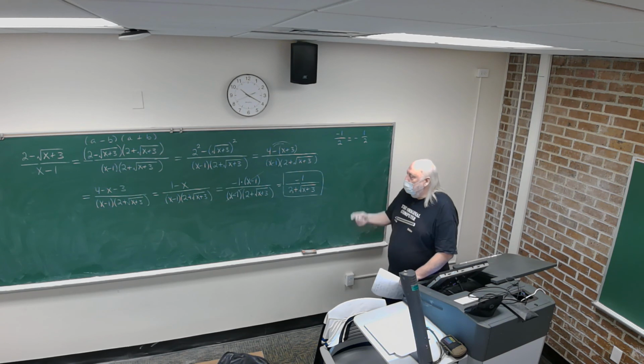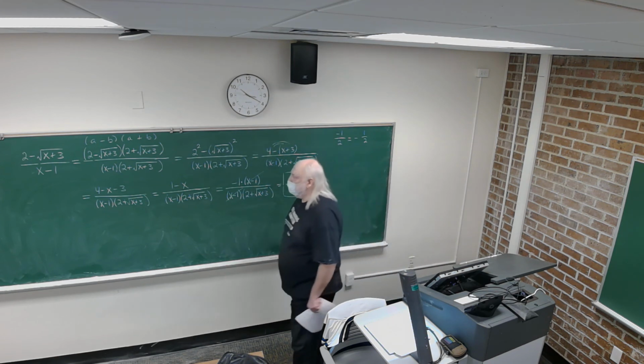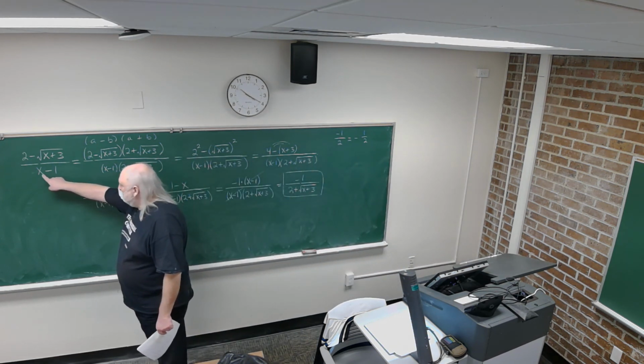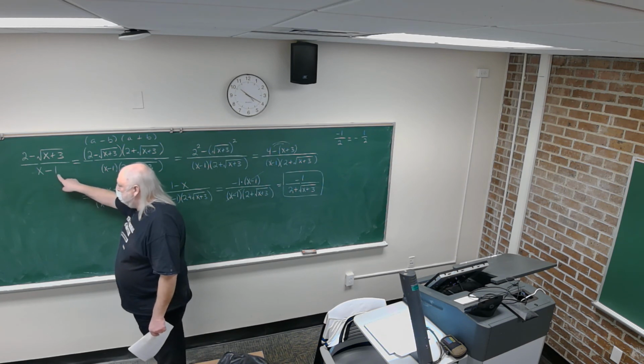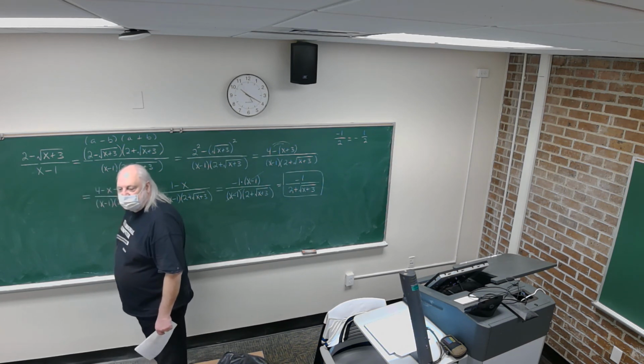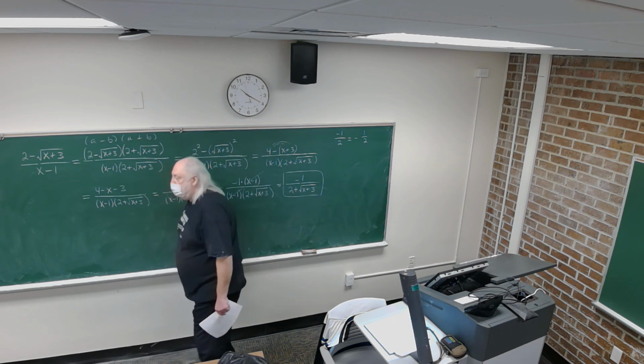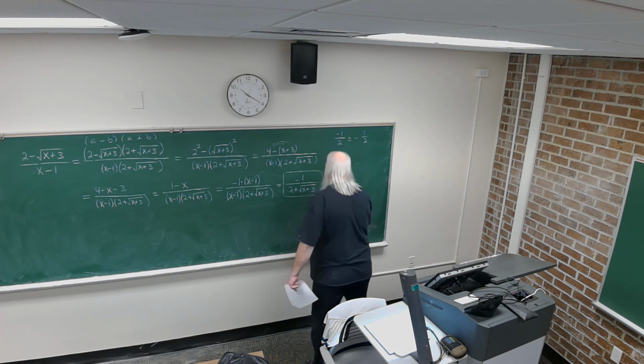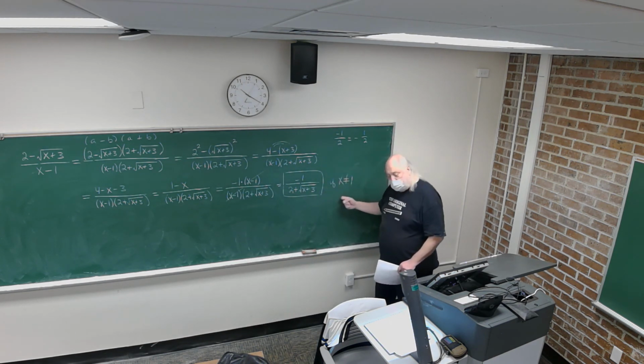What can x not equal in this case? 1. Over here in our original expression, x cannot equal 1, because if x equals 1, we have 1 minus 1 in the denominator, which is 0. Again, you don't have to write this part.